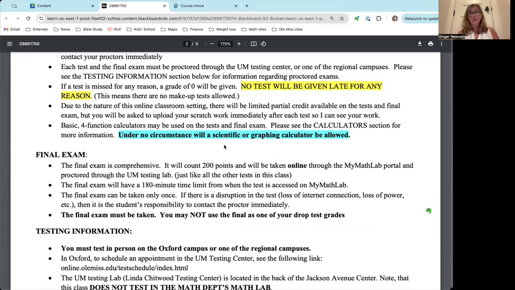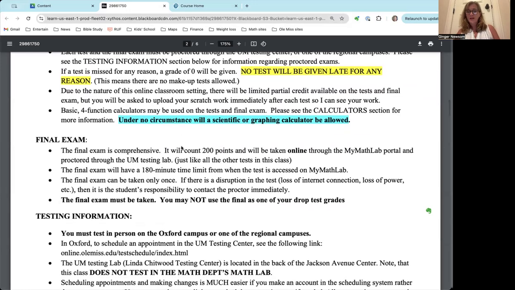They used to not allow any calculators, but we did start letting you have a little basic 4-function calculator just to help with addition and subtraction while you're testing. When you go to take your test, the testing center should have one that they'll give you to use. You can buy one at a drugstore, but you don't have to go buy one. It'll be provided for you.